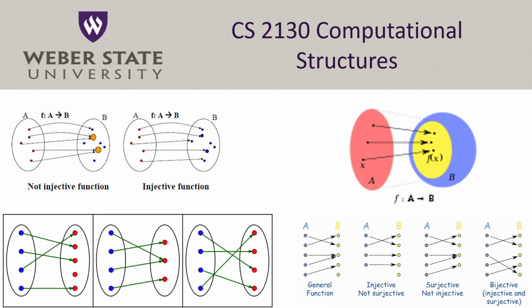But for computer science purposes, we might map from a set of students into a set of classes, or from a set of classes into a set of students, or from a set of faculty into a set of classes, or other things like that. So we're using sets of people or topics or classrooms, and we're simply saying that there is a relationship between elements of one set and the elements of the other set, and that relationship is the function that we're using.